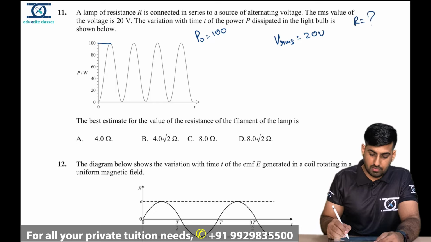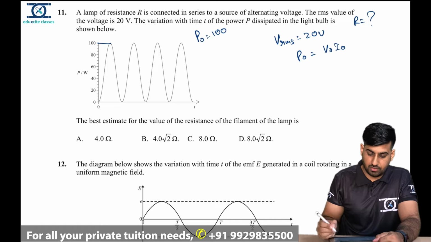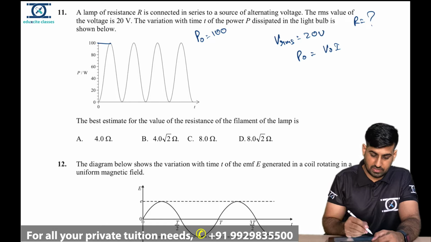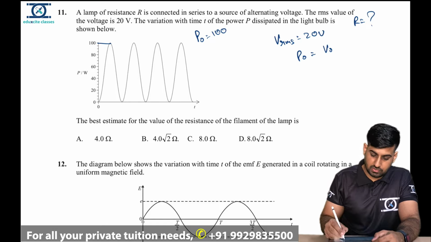Okay. So the power is P0. So P0 is equal to V0 into I0, right? Or V0 square by R, you can say, and P0 is 100.